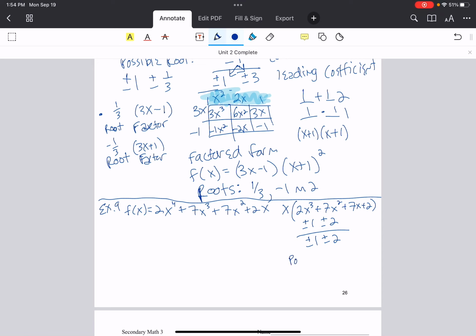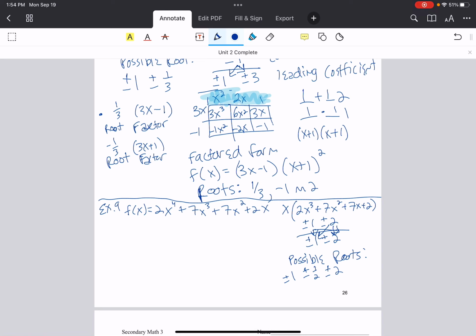So let's make a list of my possible roots. I do 1 over 1. What does that become? Good. 1 over 2. 1/2. Then 2 over 1. And 2 over 2. That doesn't add anything new to my list, right?